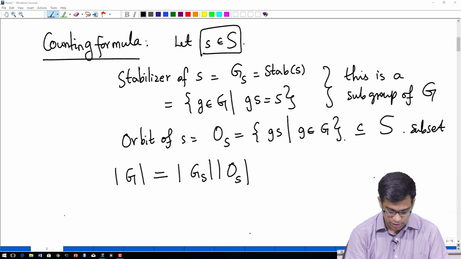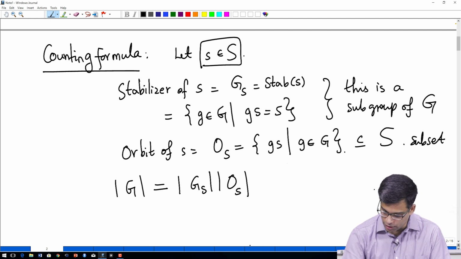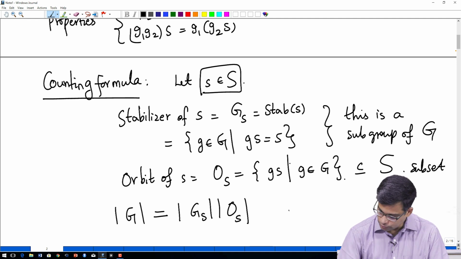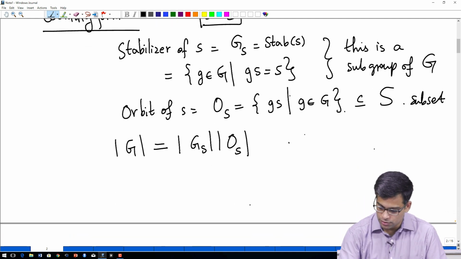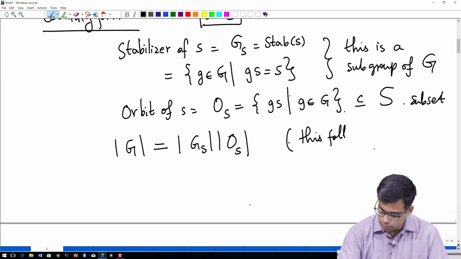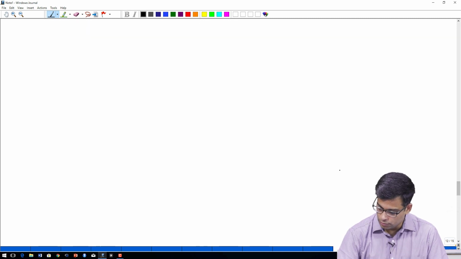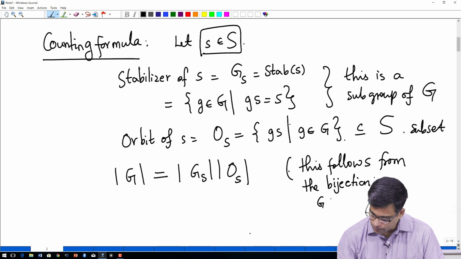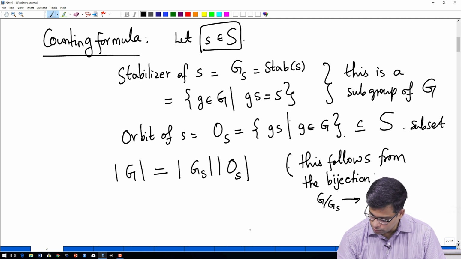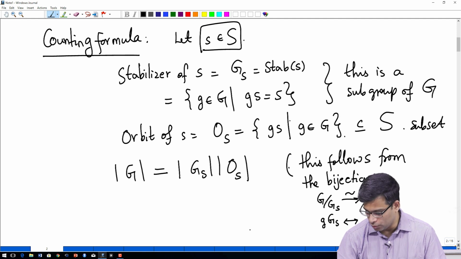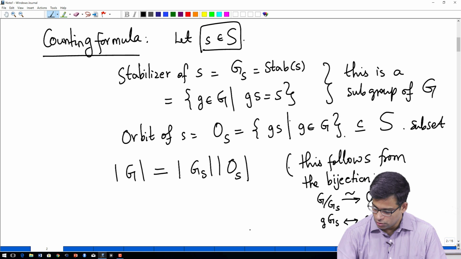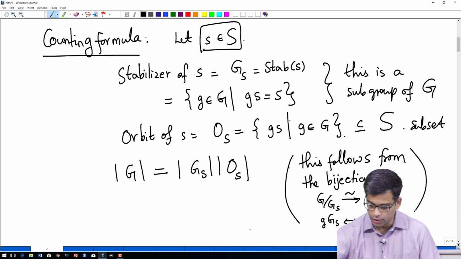And remember, how do we do this? This follows from the bijection between G mod G_s and O_s. So, we take a coset and map it to gs. So, this was the proof of the counting formula.